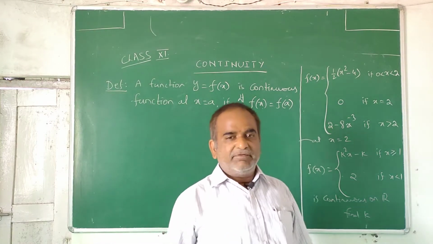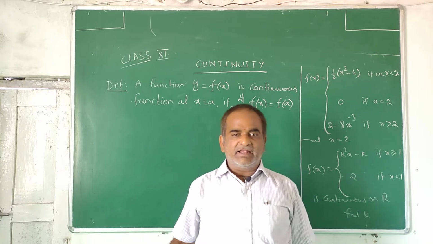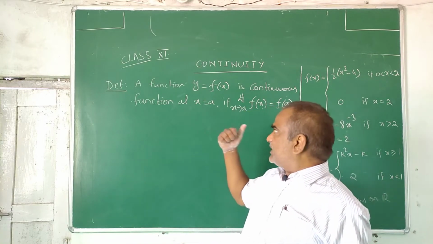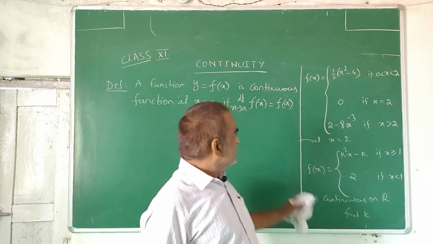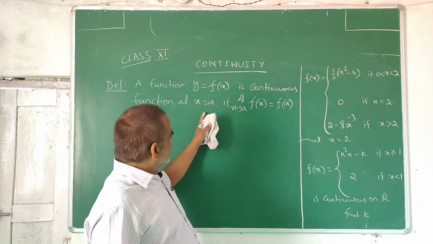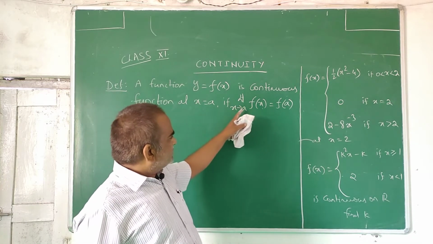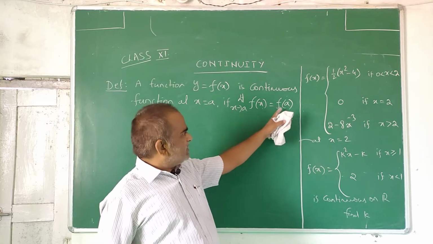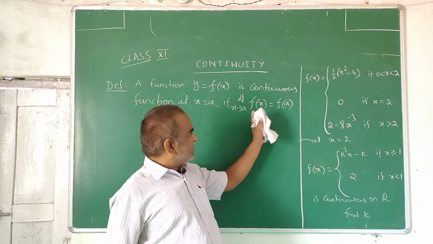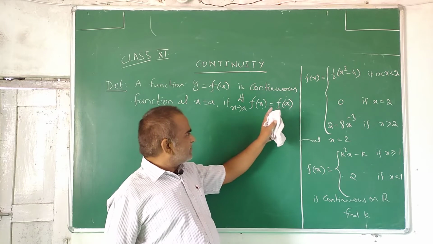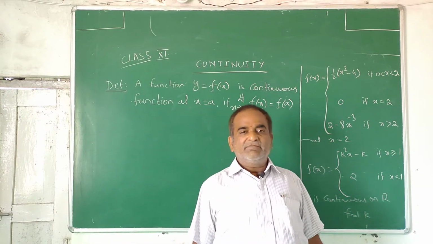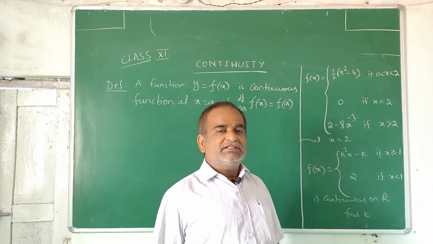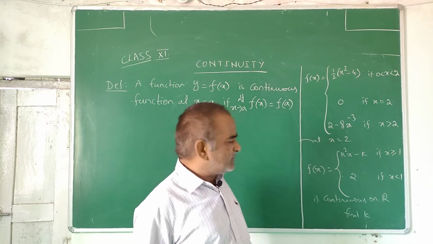This is the definition of a continuous function. If that limit value and the functional value at a are both equal, then we can say that the function is continuous at x is equal to a.